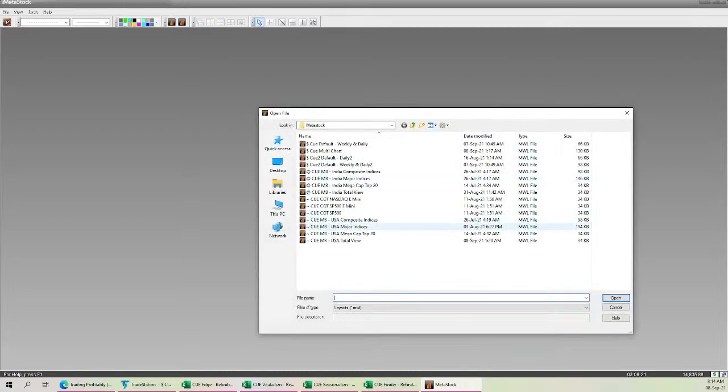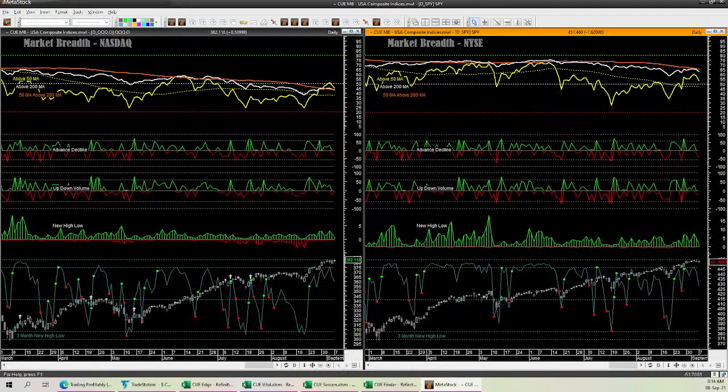Are the market internals different? Let's look at them using Q Global Market Breadth running on MetaStock. First, a look at the broad exchanges, Nasdaq and NYSE. The yellow plot, percentage of stocks above 50 MA. For Nasdaq, it tried to go above the 50% level and dipped below that yesterday.